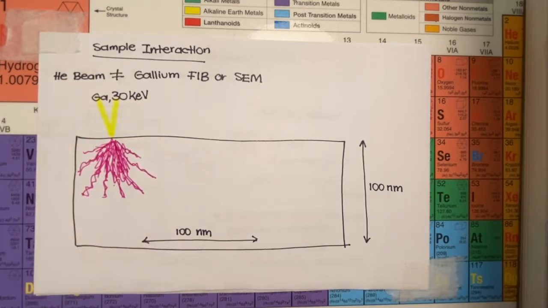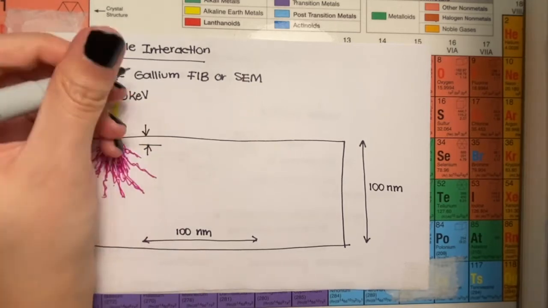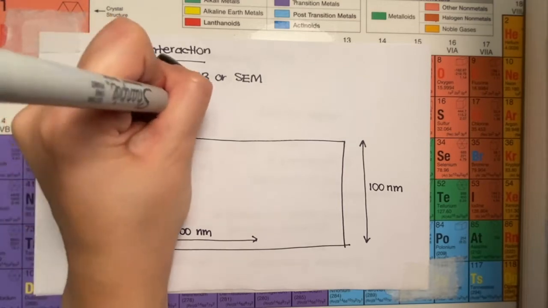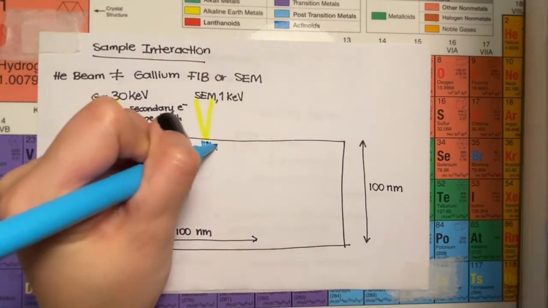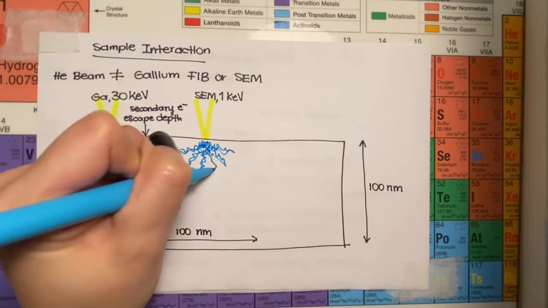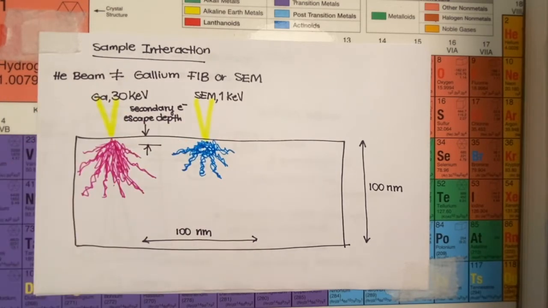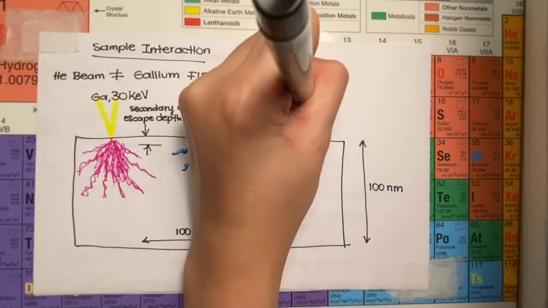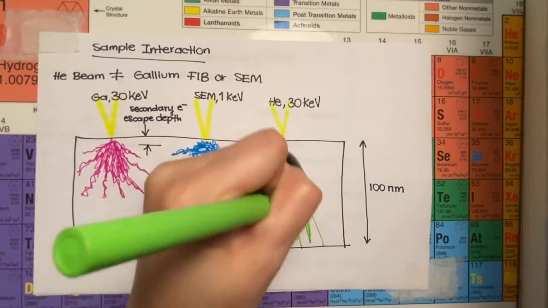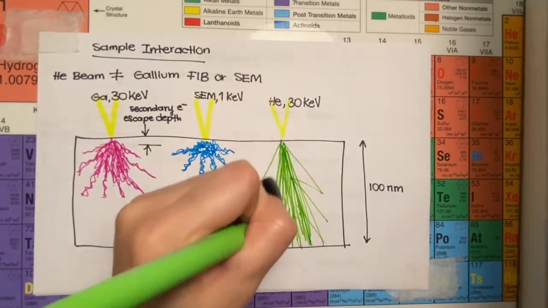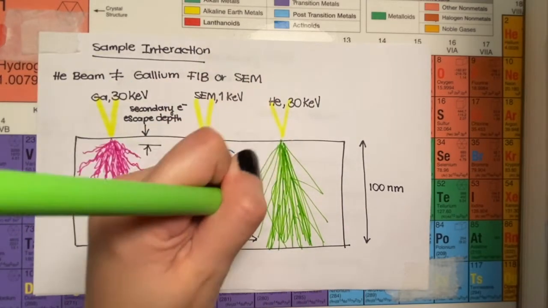The excited volume is broader than the incident beam at the surface. An SEM, 1 keV, will produce less damage to the sample, but there are many backscattered electrons and undesired secondary electrons. The helium ions, that are also 30 keV, penetrate a great distance into the sample before diverging. The secondary electrons provide information that is shallow and not broader than the probe.